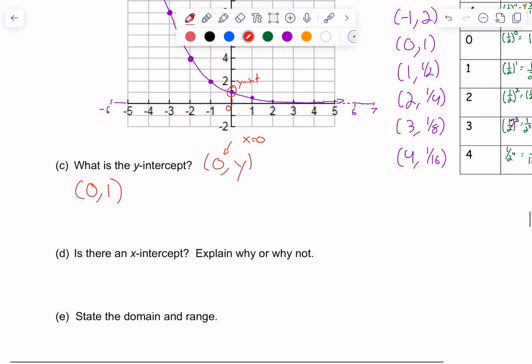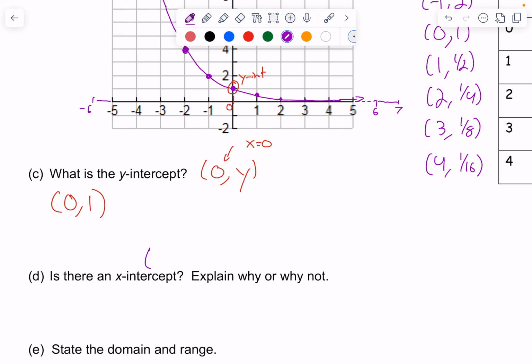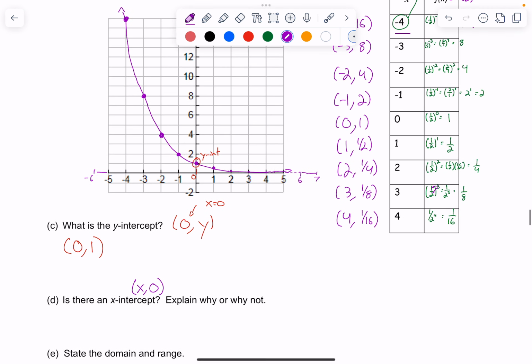Is there an x-intercept? Is there a value that will make this function equal to 0? Because again, what is an x-intercept? An x-intercept is at some x-coordinate that would make your y, your function, equal to 0. And no, look, there is no point.